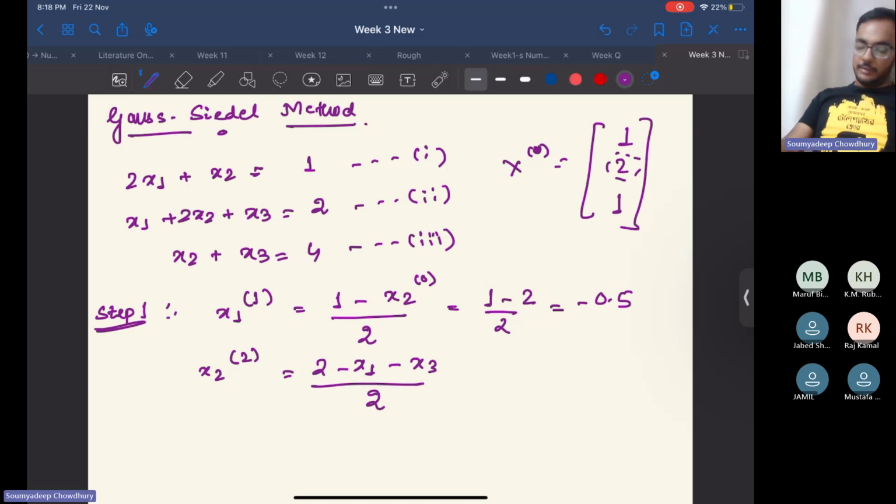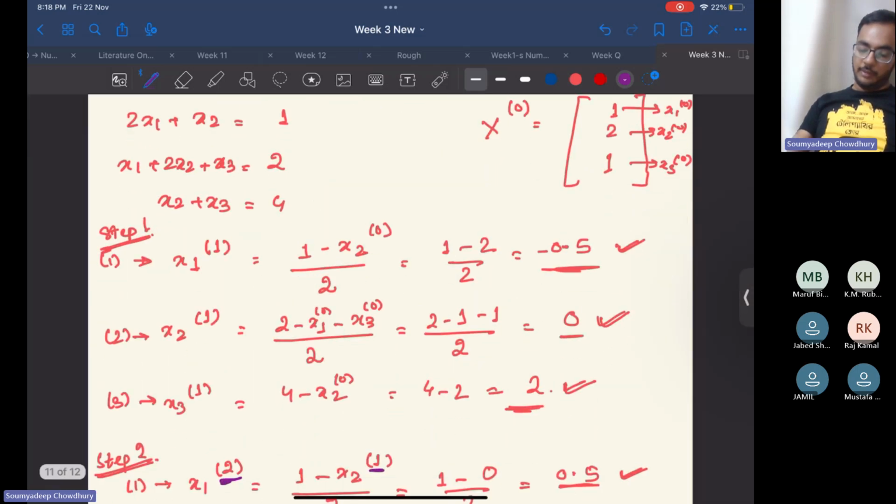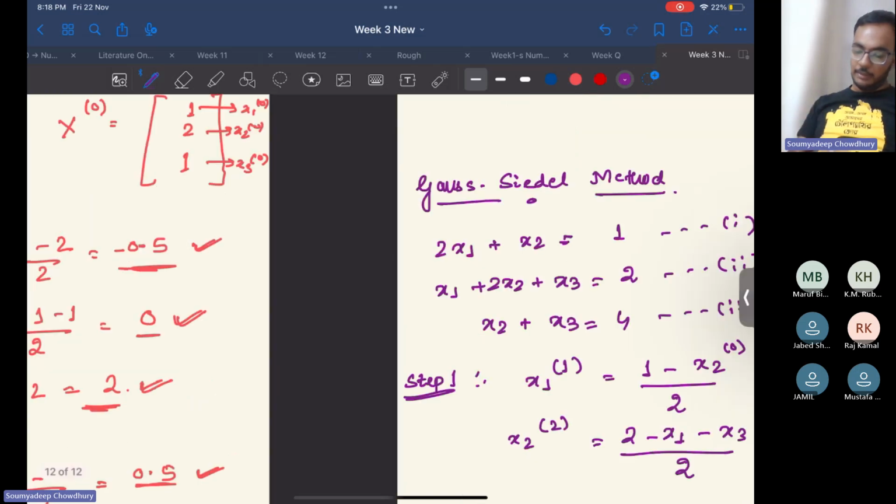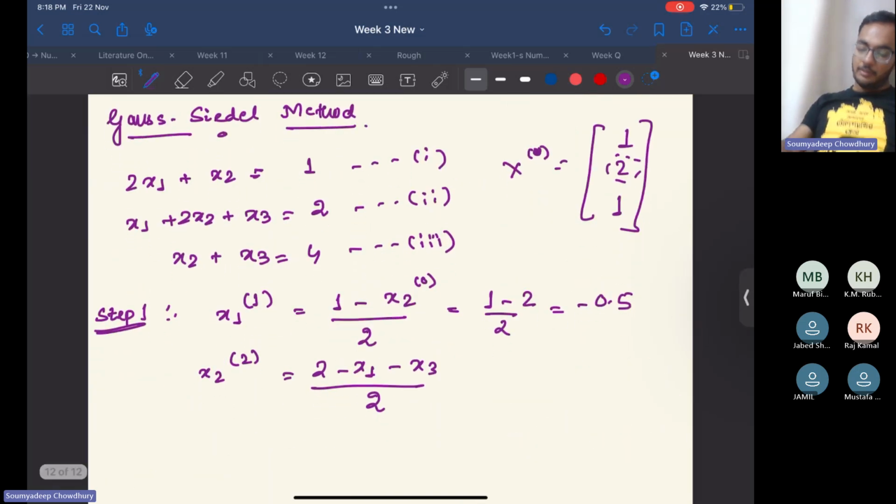Now, second, x2 of 2 is (2 minus x1 minus x3) by 2, right? In the Jacobi method, for x2 of 1 we were using x1 of 0 and x3 of 0. But here, for x1, we will use the most updated value, that is x1 of 1. The value at the 0th iteration is 1, whereas at the first iteration it is minus 0.5.